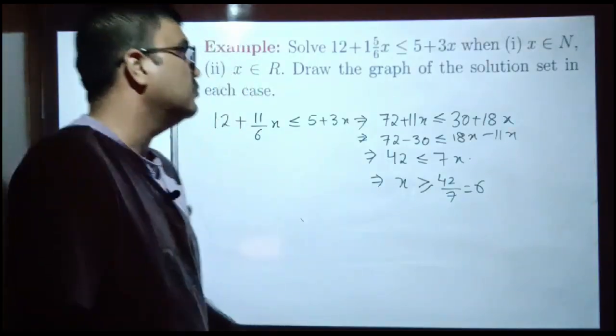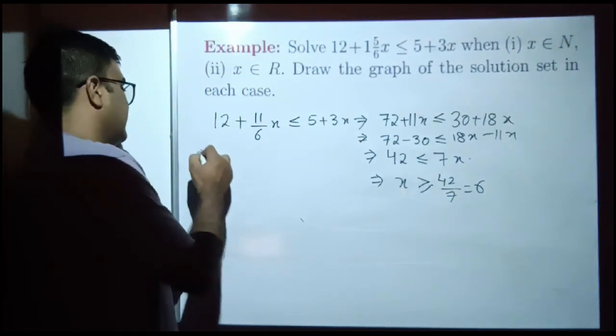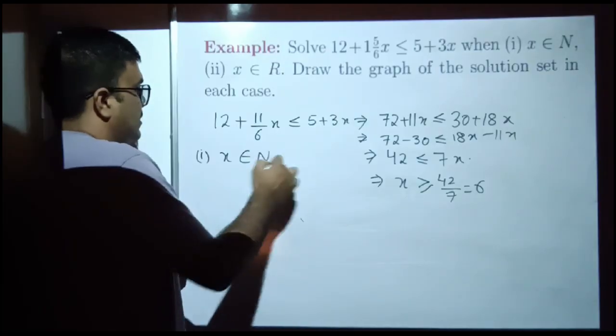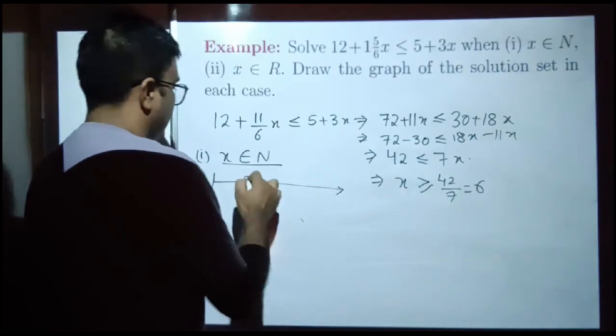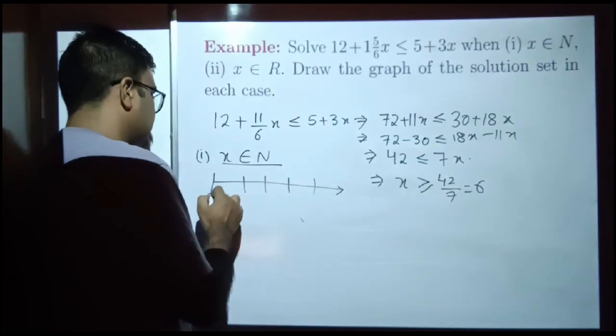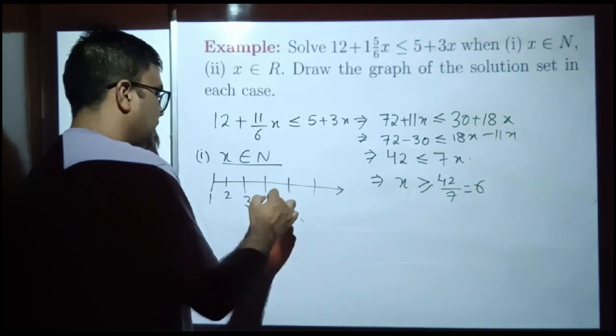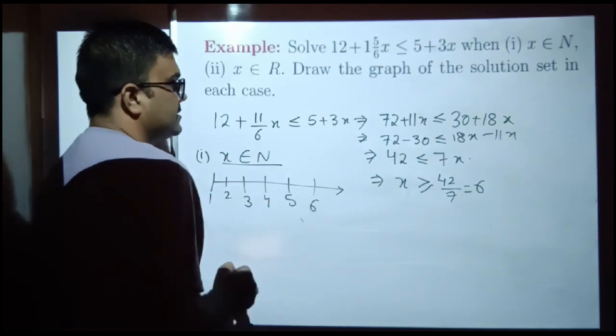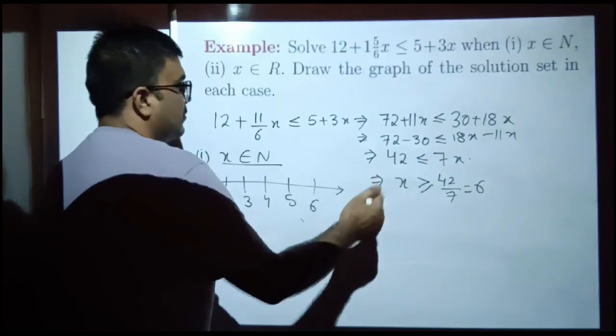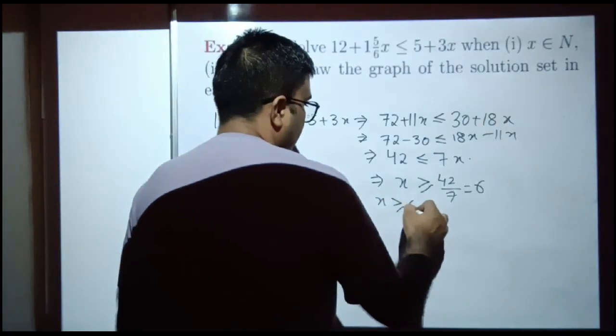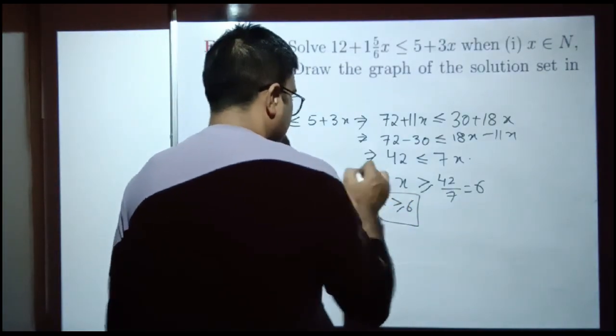So how we are going to write the solution set? First case we have when x belongs to N. These are the numbers 1, 2, 3, 4, 5, 6. We are talking about x is greater than equal to 6 and x is a natural number.